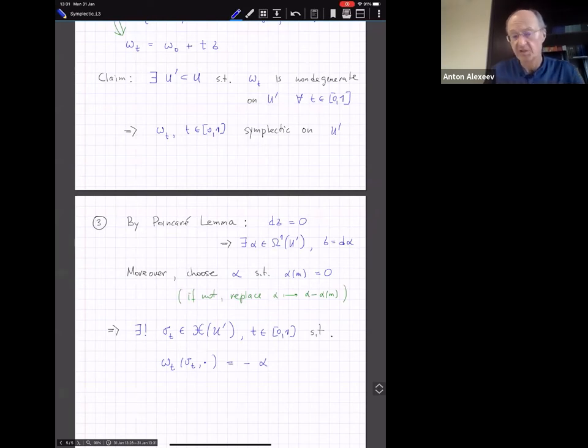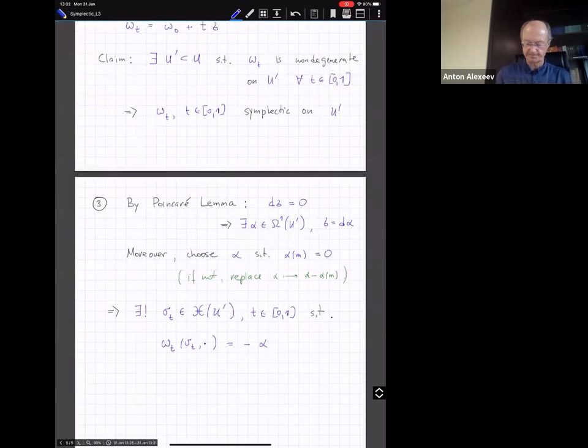Well, this is essentially because omega t, we know it induces an isomorphism between vector fields and one-forms. So we're just looking for a vector field such that omega t produces the one-form minus alpha. Note that alpha doesn't change with t, but omega t does change. Therefore V t, a priori, is a vector field which depends on t.